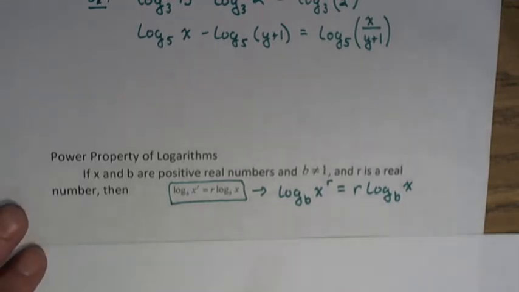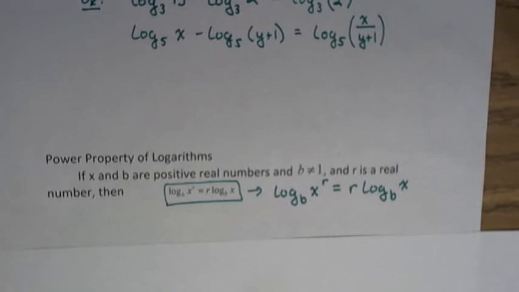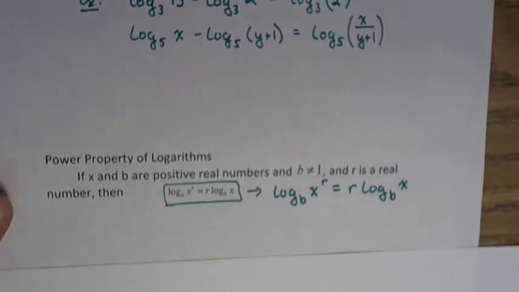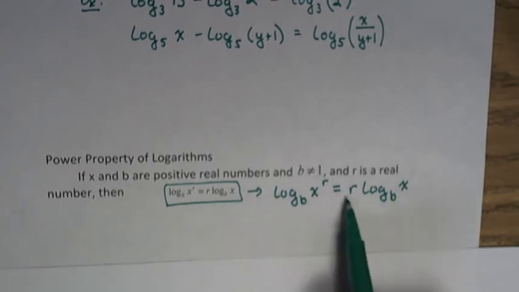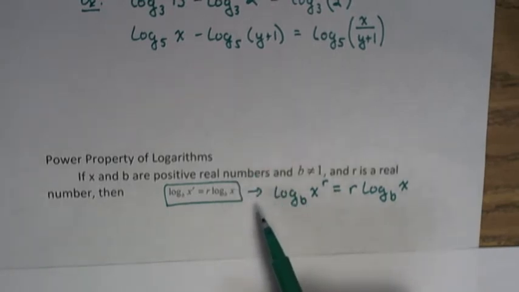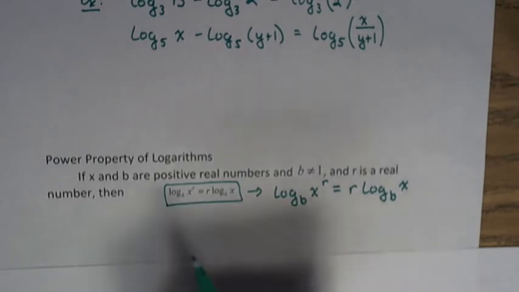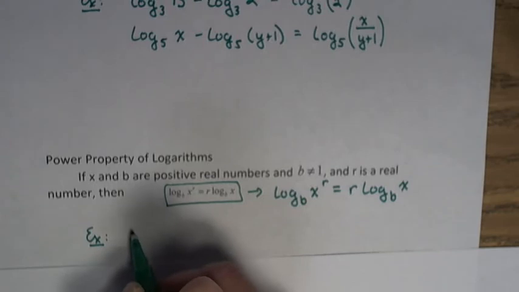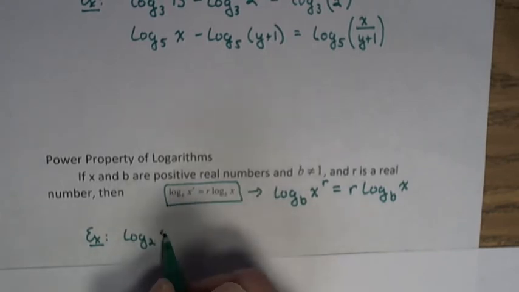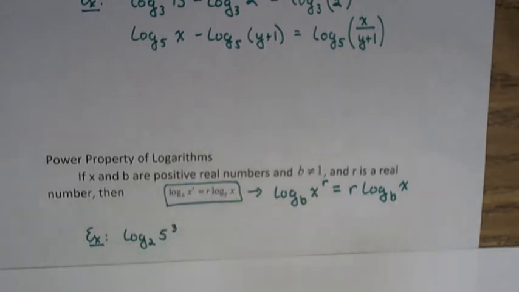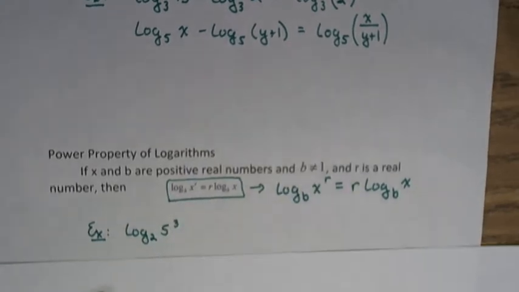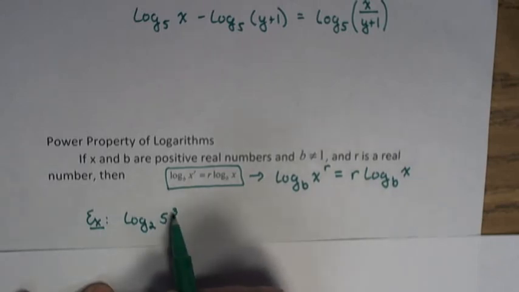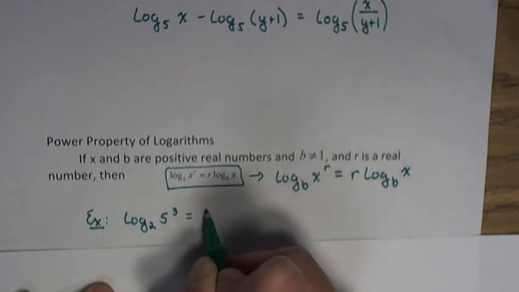So let's take a look at a couple of examples of how this one might work. But before we do that, I want to go back and look at how this relates to the product property. So if, for example, I wanted to look at log base 2 of 5 cubed, I could rewrite this a couple of different ways. Now, 5 cubed means I have 3 of those.